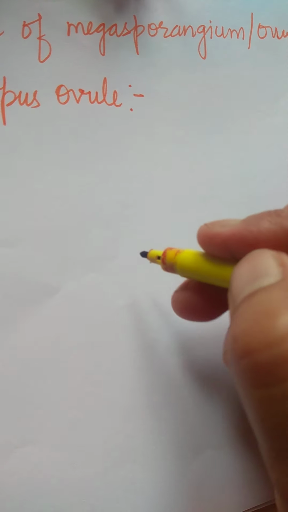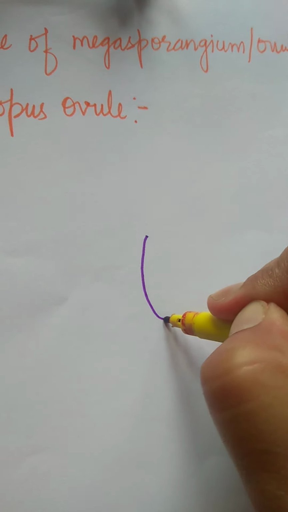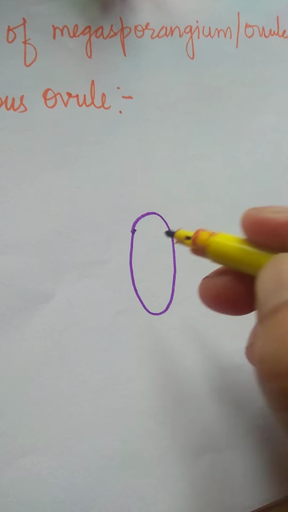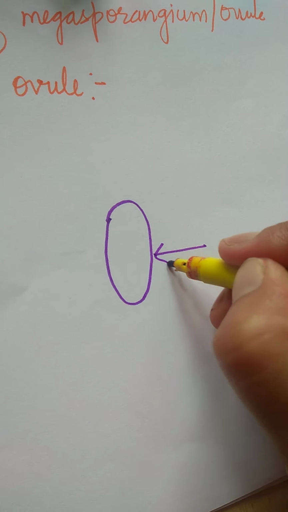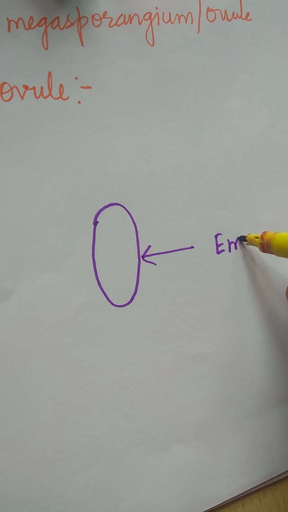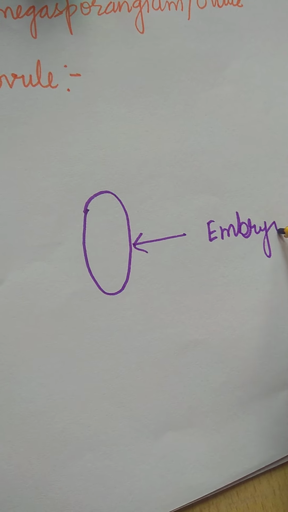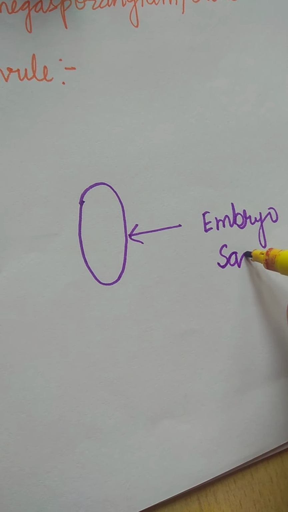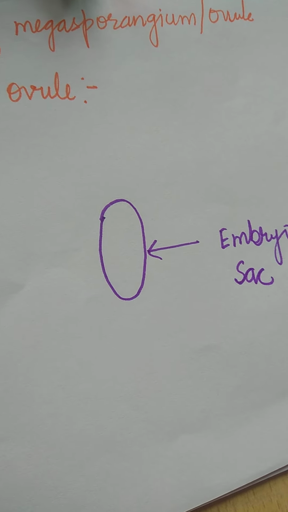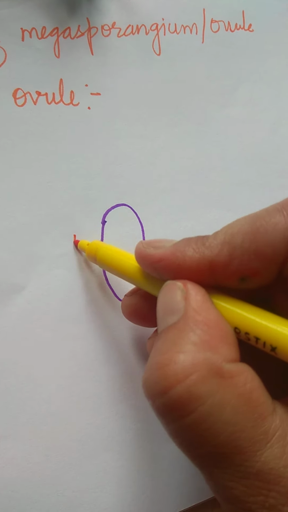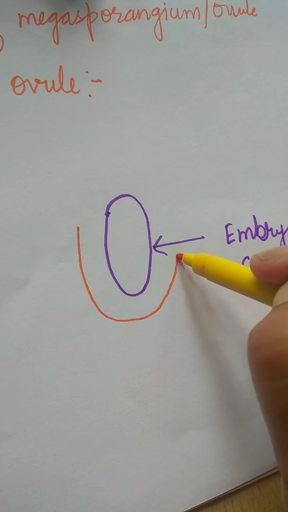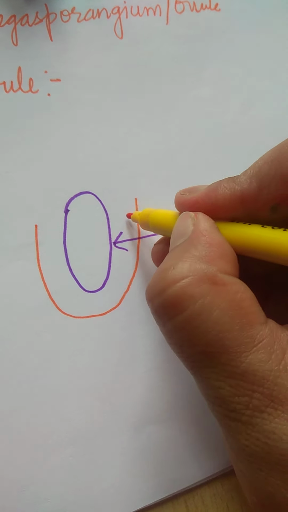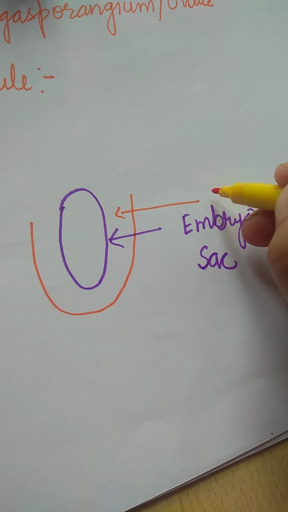The innermost part of this ovule is occupied by a structure known as the embryo sac. This portion is known as embryo sac, and the embryo sac is surrounded by a special mass of cells known as nucellus.